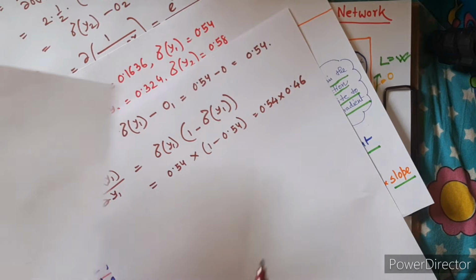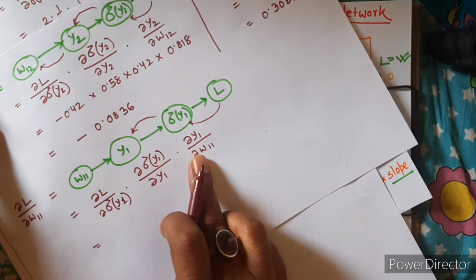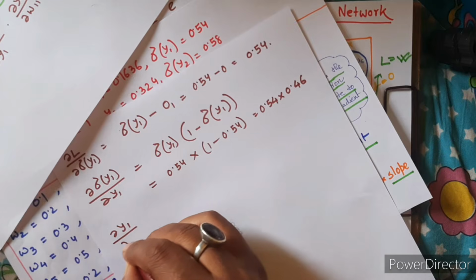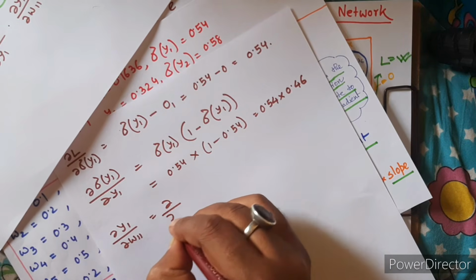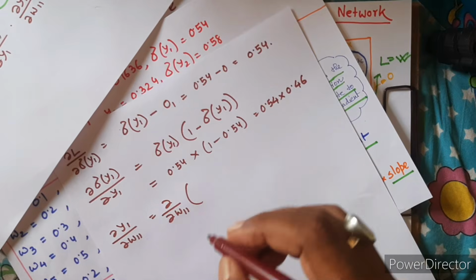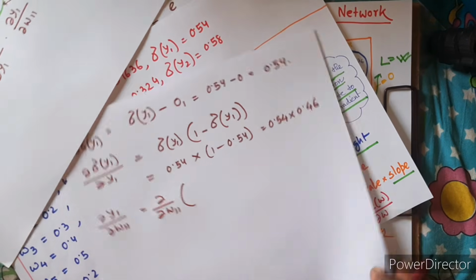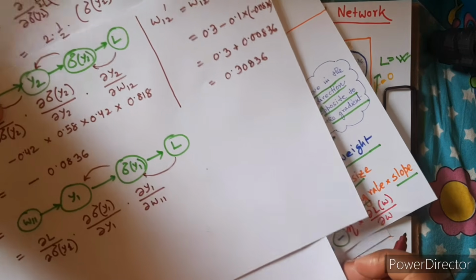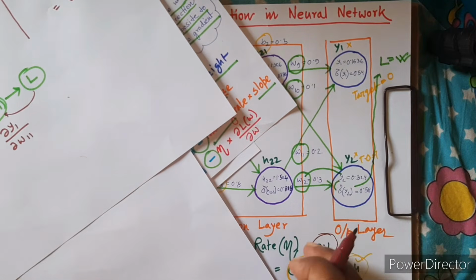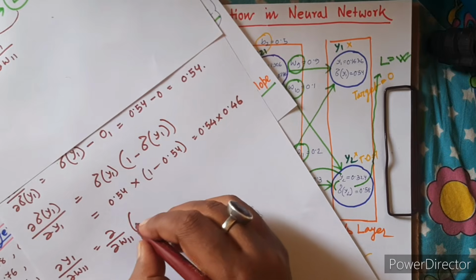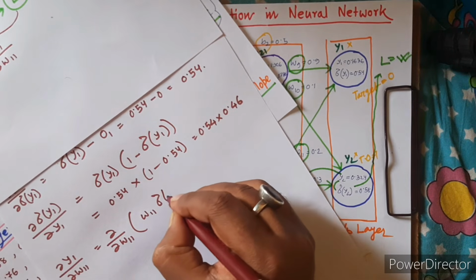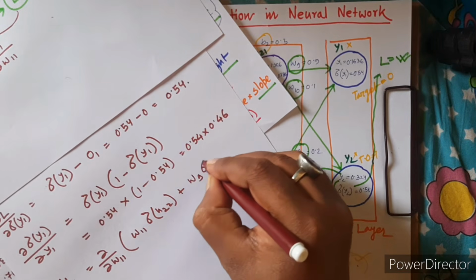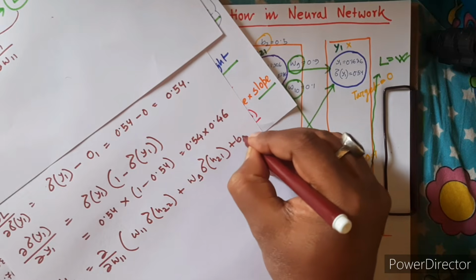So now what is the third part? The third part is delta Y1 by delta W11. Y1 is equal to W11 sigma of H22 plus W9 sigma of H21 plus B2.